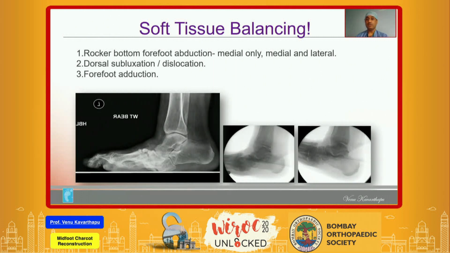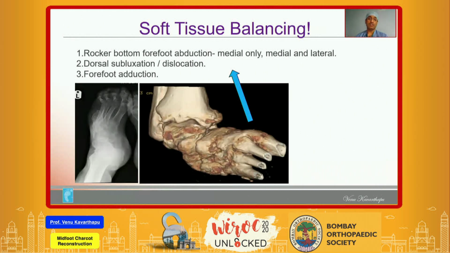Here, we need to correct the soft tissue contraction of the Achilles tendon complex through percutaneous triple hemisection tenotomy of the tendo Achilles to improve the calcaneal pitch, and then by performing the midfoot osteotomies, you can correct the whole foot deformity. One must also be familiar with the soft tissue imbalance in the coronal plane.